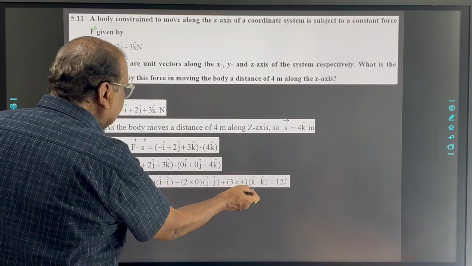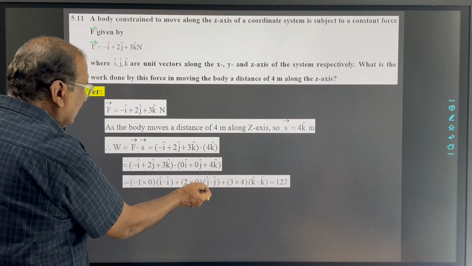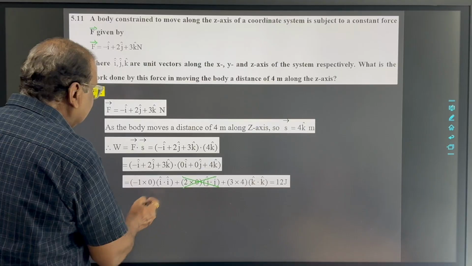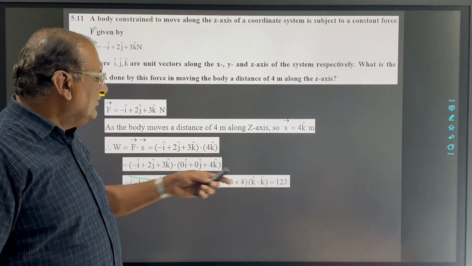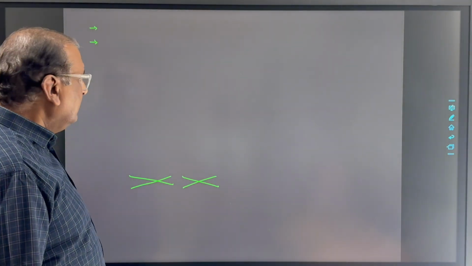But k dot k is 1, j dot j is 1, but the other terms are multiplied with 0, so they cancel. So our answer is 12 joule.